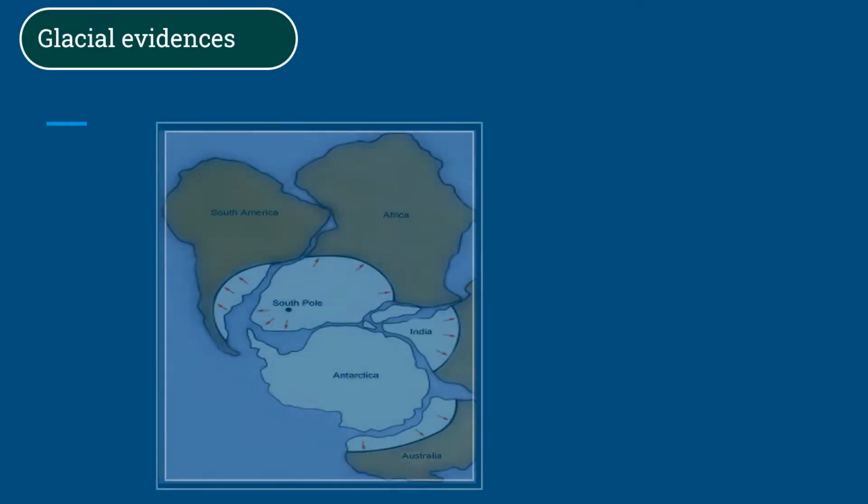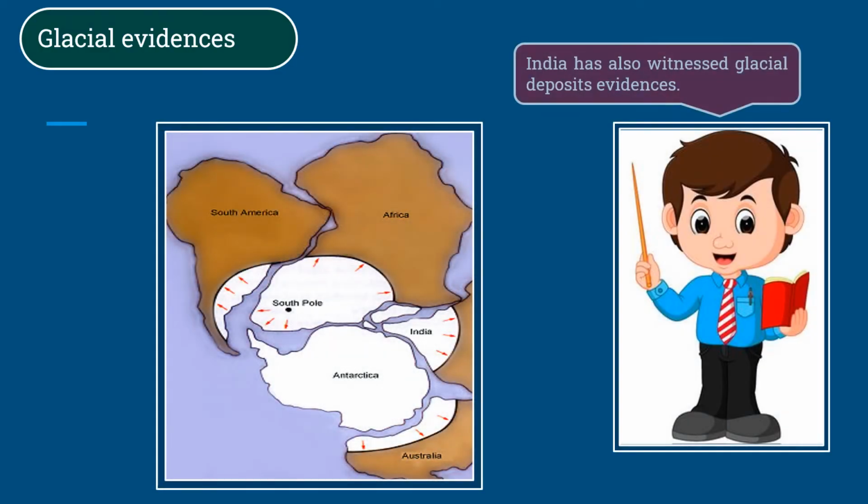The third claim was glacial evidence. What was found out is that glacial evidence was found in South America, Africa, India, Antarctica and Australia. Antarctica is still in the polar region, so we can say that glacial evidence is found there, it's fine.